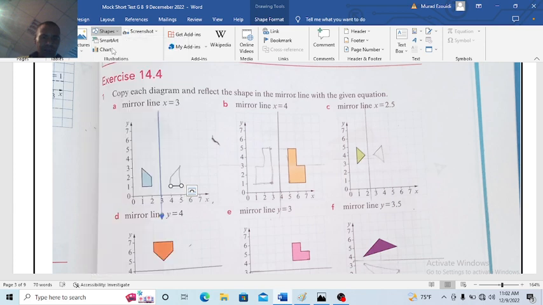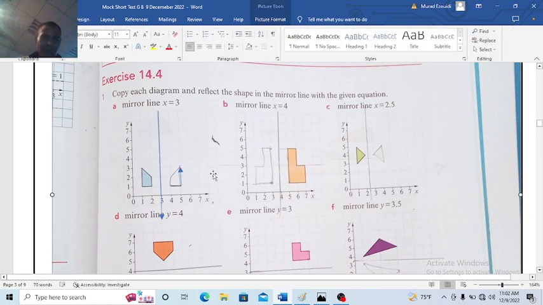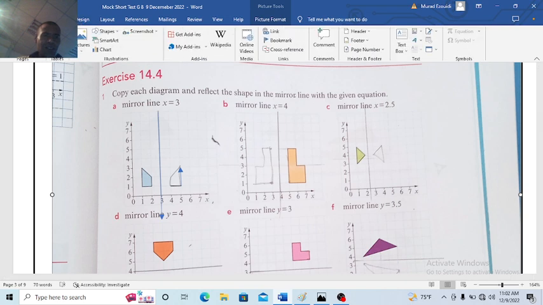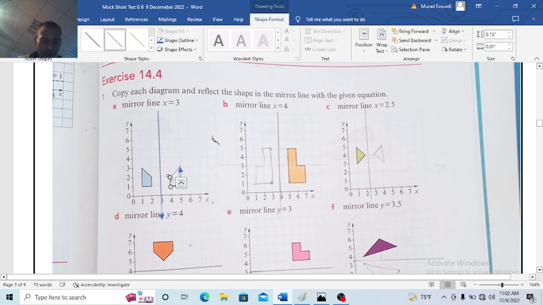This has to move 1 to 2 units up, approximately here. Then here also I should draw a line that is parallel to the mirror line and has the same distance, which means 1 unit. Then I will copy and paste it here. This is the new shape after reflection.